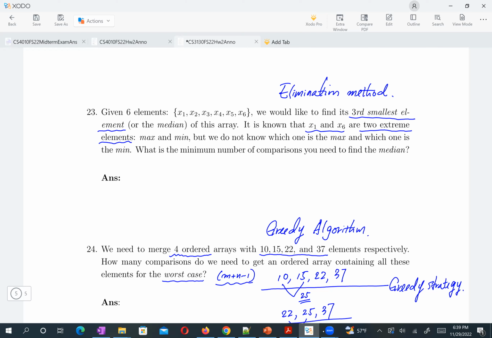So here, can you apply the elimination method to reduce the array size, right? Based on the given information, some of the elements you do not need to put into consideration, because you have some good reason to eliminate them.